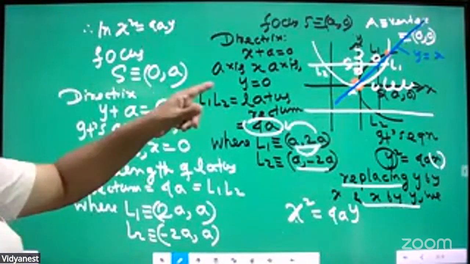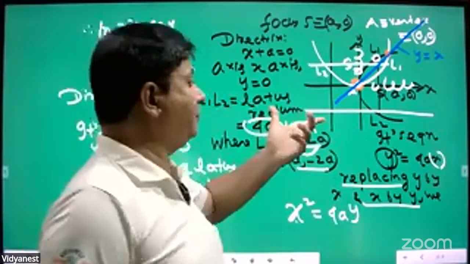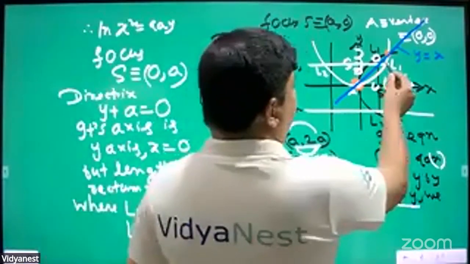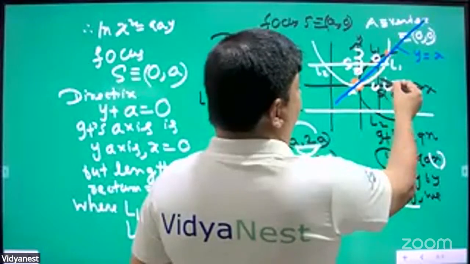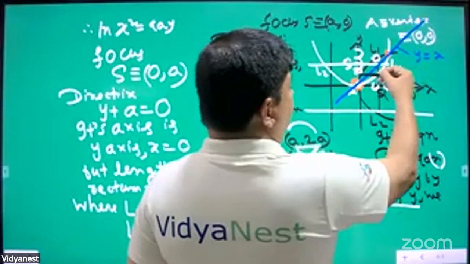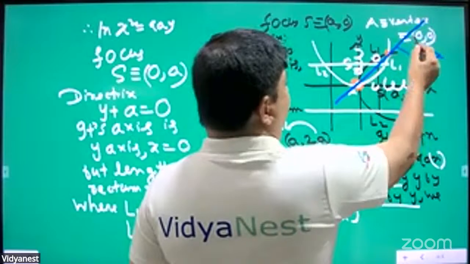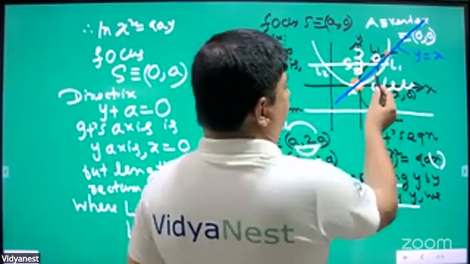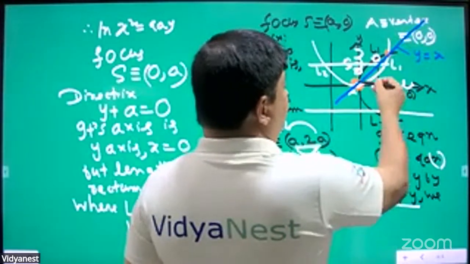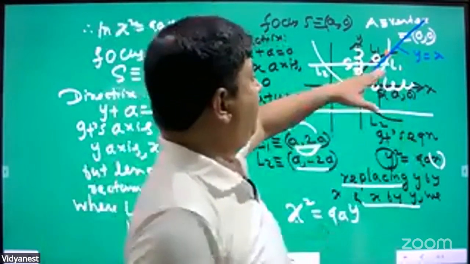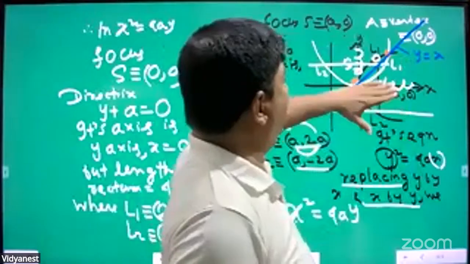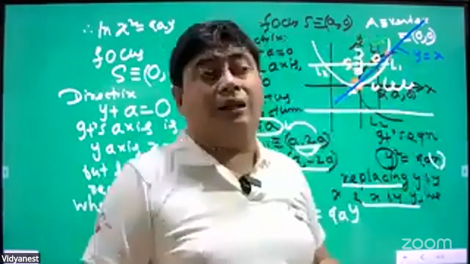So from this figure, what can I comprehend? You see this curve, which is concave upwards. The way it is concave upwards with respect to this line, this curve is concave downwards with respect to this line. Means above the line and below the line, these two curves are symmetrical.